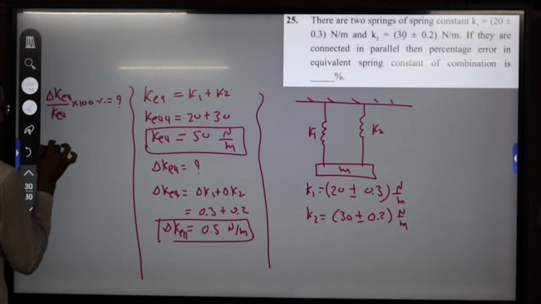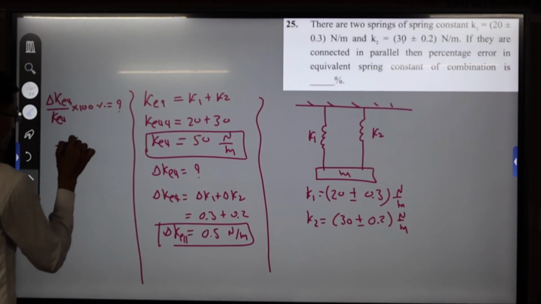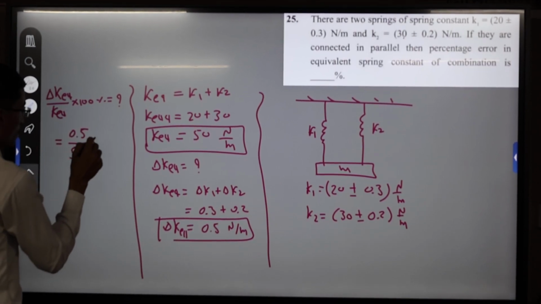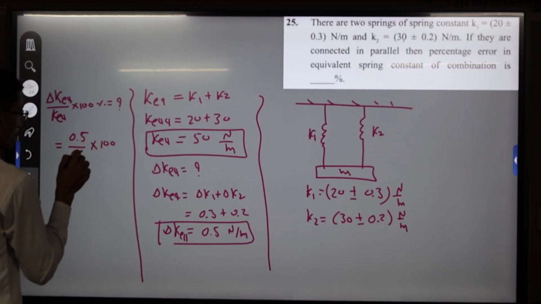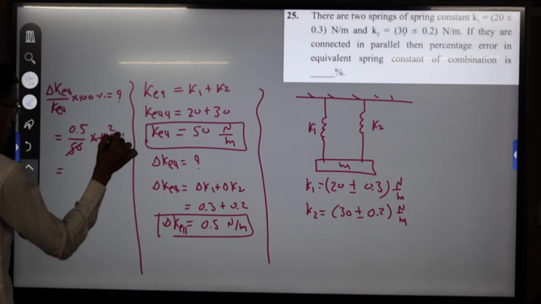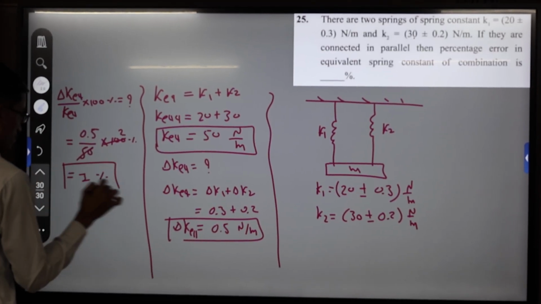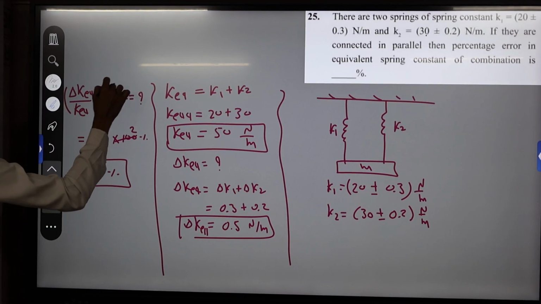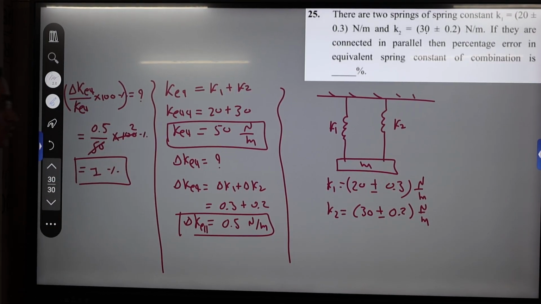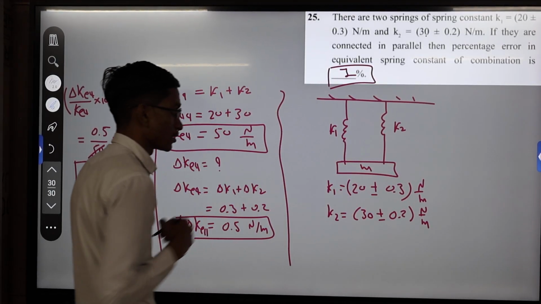Delta K equivalent is 0.5 and K equivalent is 50, so 0.5 upon 50 into 100 gives 1%. So the error in the equivalent spring constant is 1%, and the answer to this question is 1%.